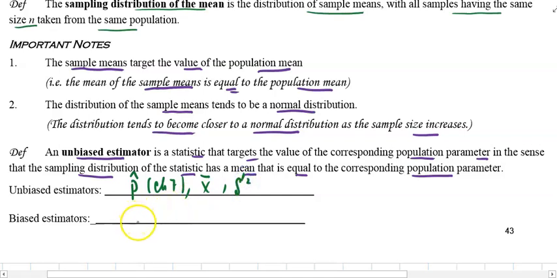And the biased estimators would be the median, the range, and the sample standard deviation. Again, you don't need to remember those. So we're going to use that in the next section, and we'll see how that applies.